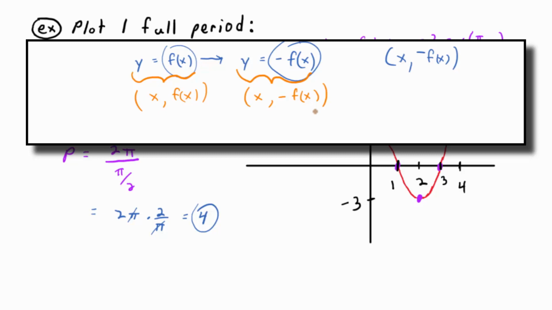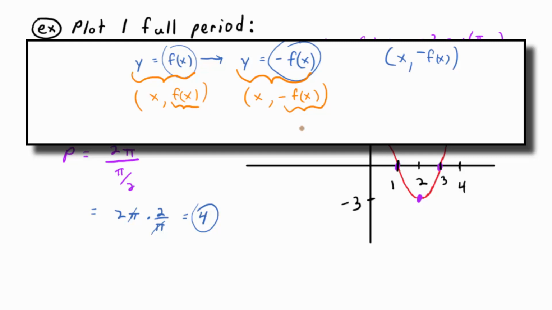So how do their graphs compare? Well, all of the y values from the first graph would just be the opposite in the other graph, right? If they were positive height values in the first graph, they're going to flip across the x-axis and become negative. Same distance from the x-axis, opposite direction. Negative height values will become positive height values, same distance, opposite direction across the x-axis. The x-axis is like a mirror.